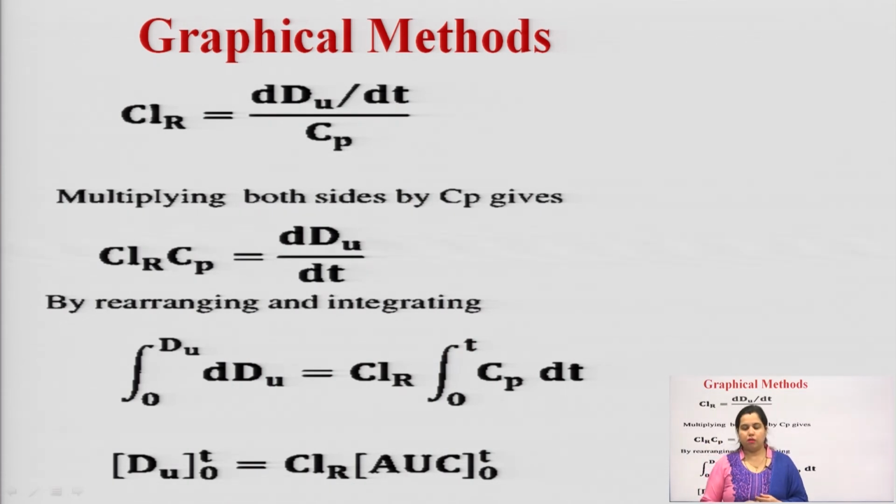So, the graphical mathematical formula will be CLR equals du by dt over Cp. Multiplying both sides by Cp gives CLR times Cp equals du by dt, right. By rearranging and integration, du equals CLR times Cp dt from time 0 to t, and by simplifying the equation, at last we will get the integral of du from 0 to t equals CLR times AUC.